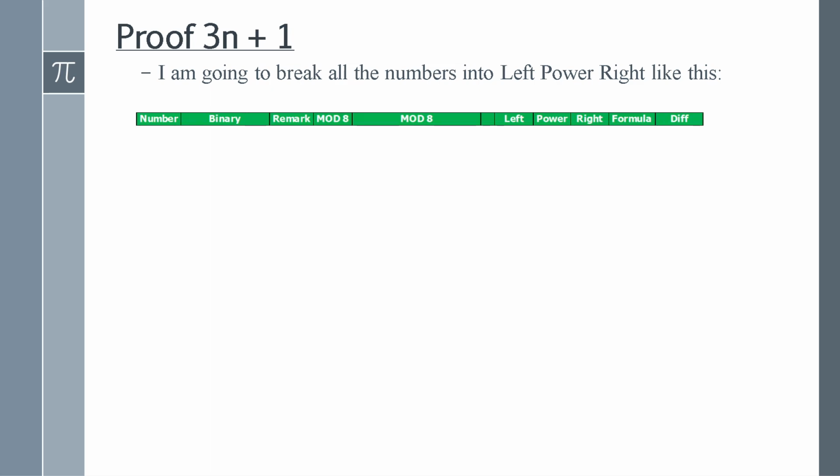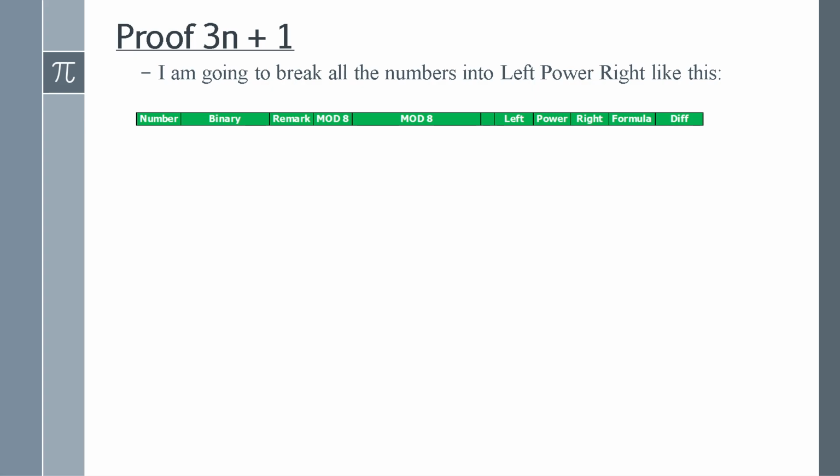And so what does that look like? In the numbers we look at, I'm going to lay them out like this. We're going to look at the number, the binary, and the mod 8. I'm going to look at what mod we're at to determine what is going to happen next.